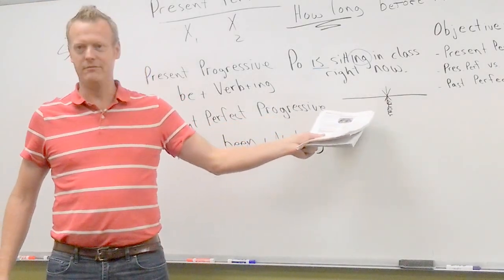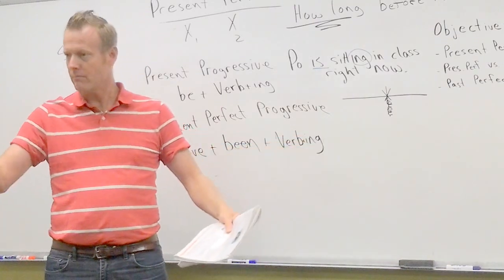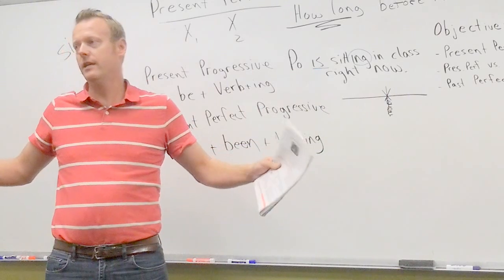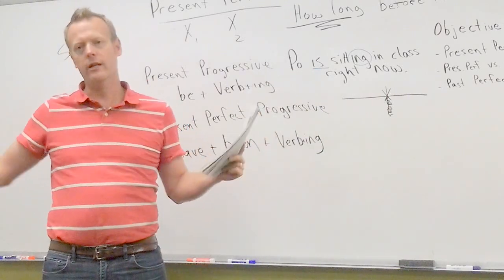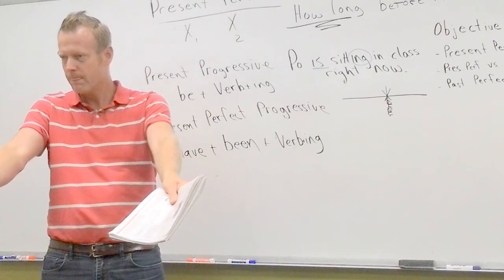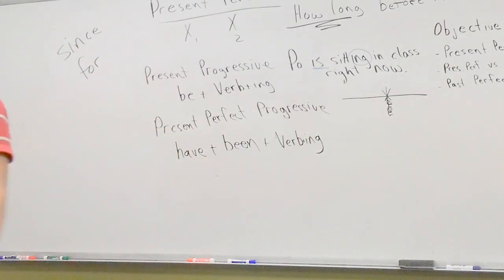Present progressive just means something is in motion right now. It doesn't say anything about when it started or when it'll end. It's just going on right now. There is a time when we use the present perfect. Well, that's what we're going to talk about next.